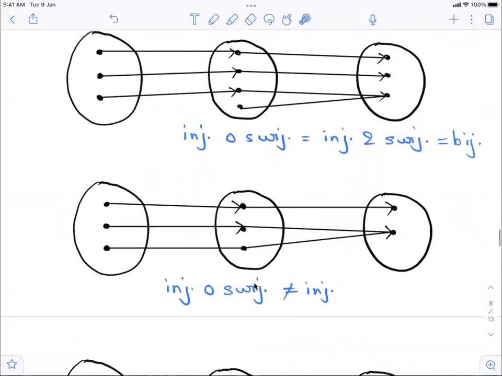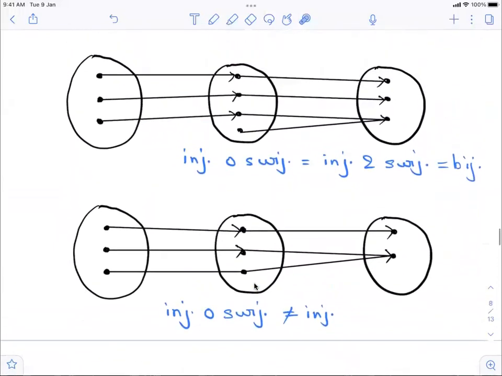What happens if I mix things up a little bit? What happens if I compose an injective with a surjective? The result cannot be predicted in general. That's the point. In this particular scenario, we can see that composition of an injective with a surjective gives me an injective as well as a surjective map, a bijective map. It's pretty clear; I'll let you think about why this is working here.